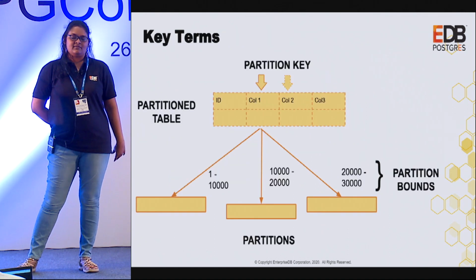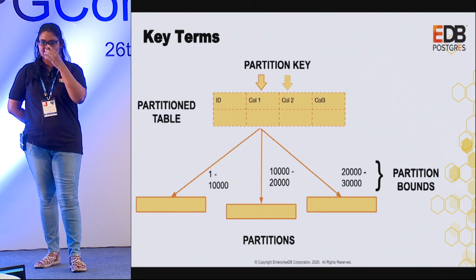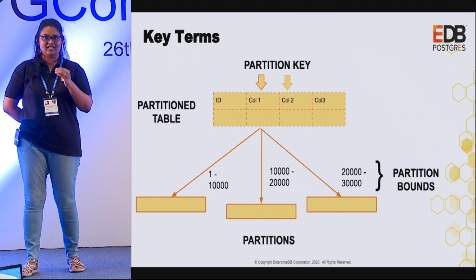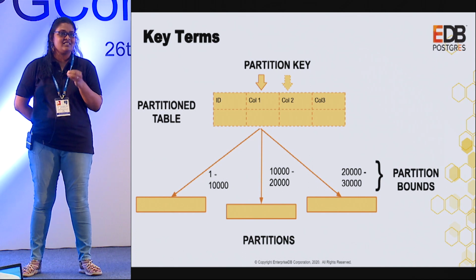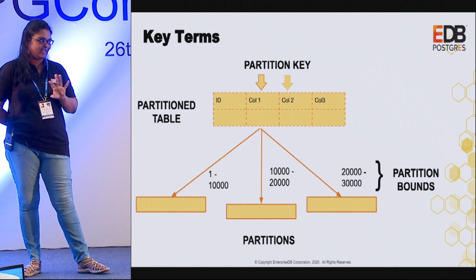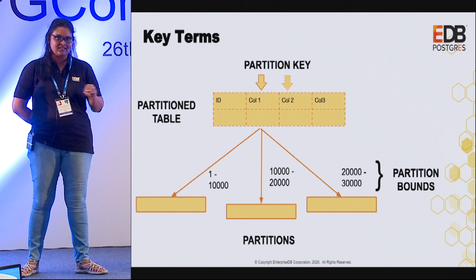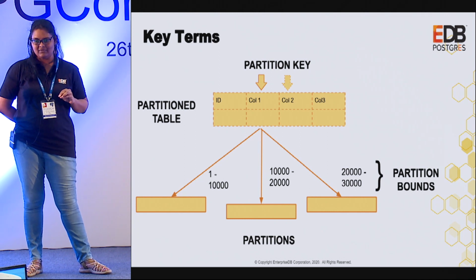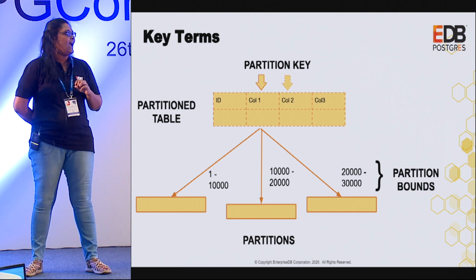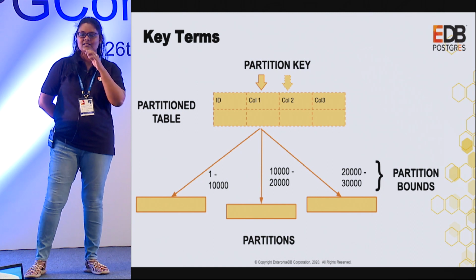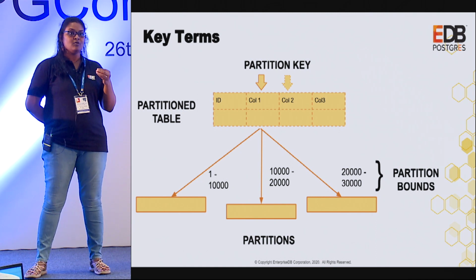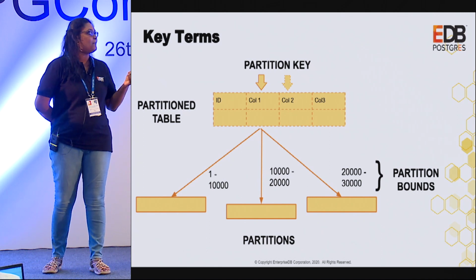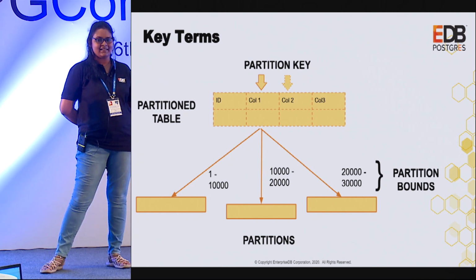Now, the key terms when it comes to partitioning, the first one I would say is a partitioned table. The partitioned table is basically the parent table, which itself will not contain any rows or data, but simply redirects the data to child tables, which are called partitions. And the partition key is basically a column or multiple columns based on whose value you will determine which partition a particular row will reside in.